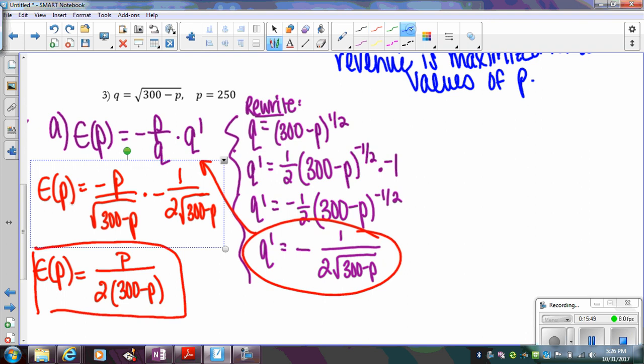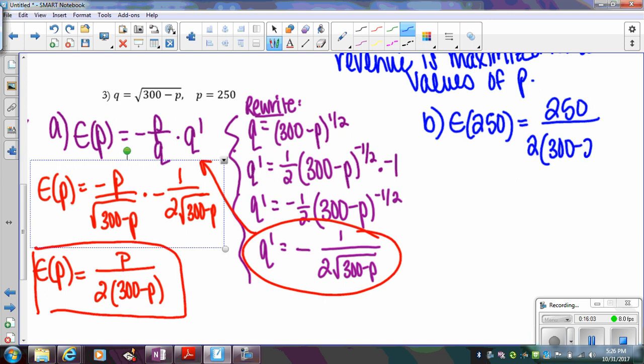So there's my function. So now when we go to do part B, we're going to plug in our price of 250 right into the function. So I'm getting 250 over 2 times 50. So 250 over 100.